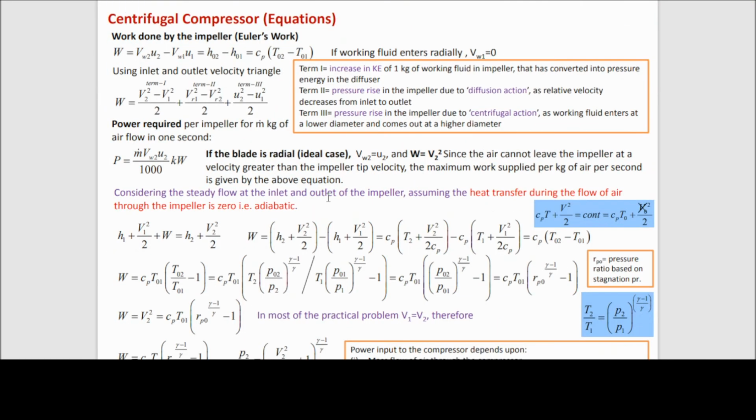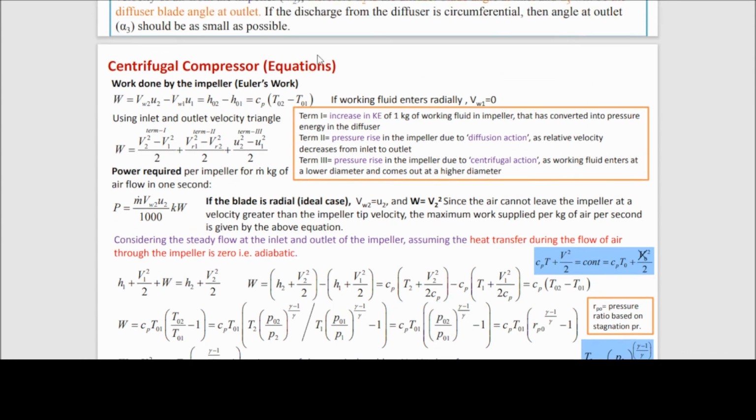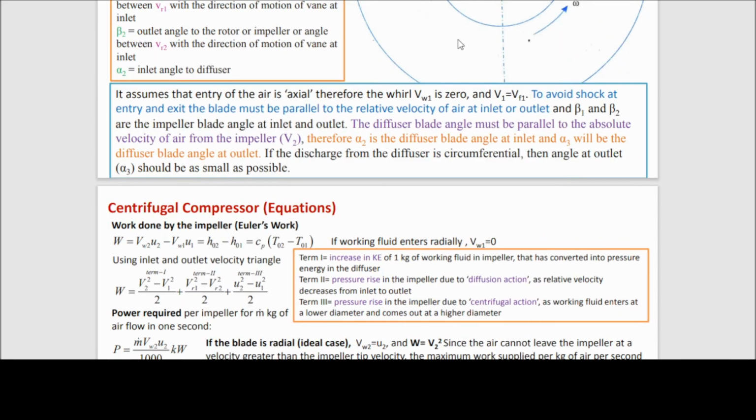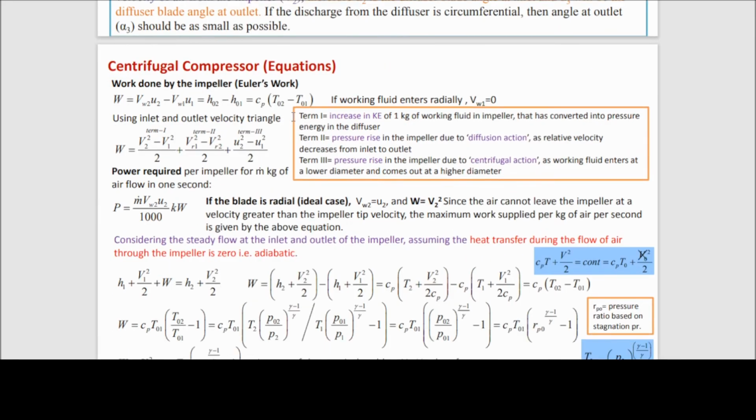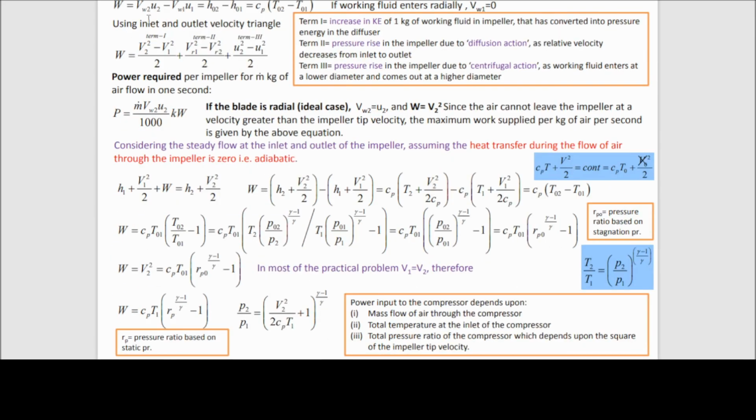Now the work done by the centrifugal impeller by Euler's equation. We have the blade velocity triangles. Now using that, you have already seen this equation. I am not going into the derivation of this equation; we have already done it using Newton's second law. So W is equal to Vw2 U2 minus Vw1 U1.